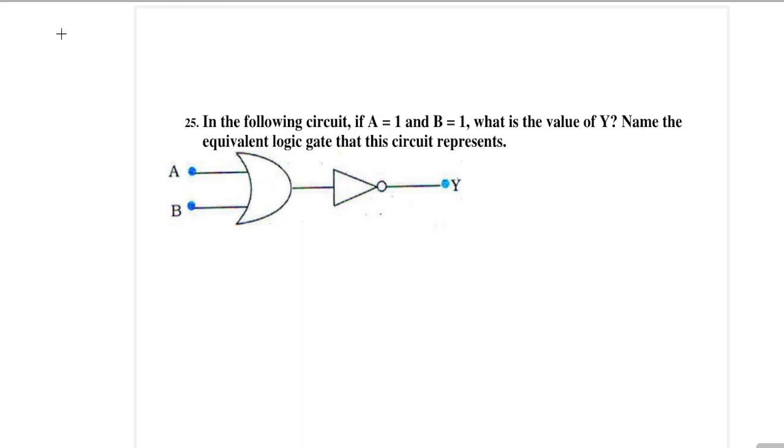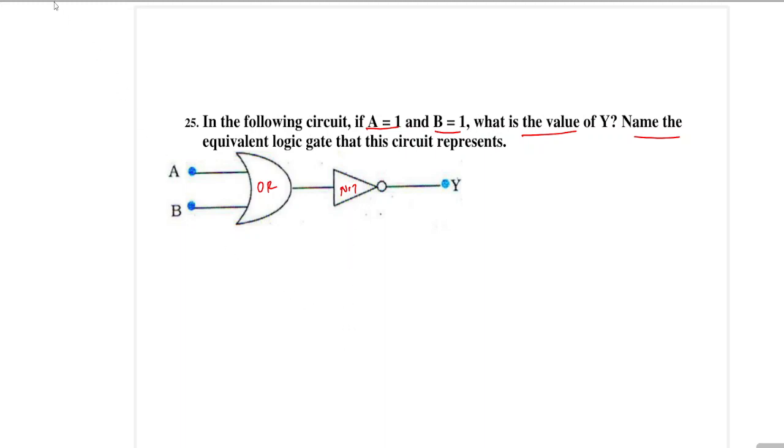25 says in the equivalent circuit, if A is equal to 1 and B is equal to 1, what is the value of Y? Name the equivalent logic gate that this circuit represents. There are two gates given here. This gate is the OR gate and this is the NOT gate.